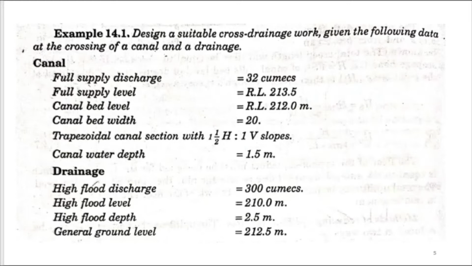In the question, canal bed level is 212, high flood level is 210. That is, canal bed level is above the high flood level. Hence, aqueduct can be provided. It is fixed that an aqueduct has to be provided. Now in your syllabus you have design of type 3 only, so type 3 has to be provided.